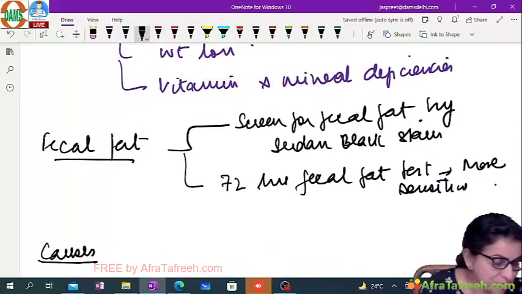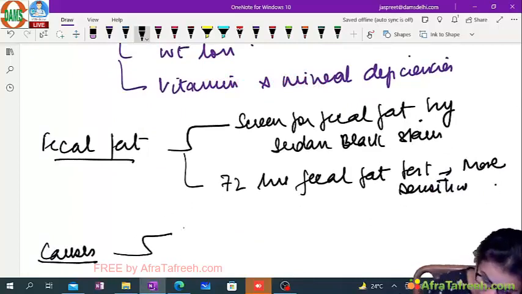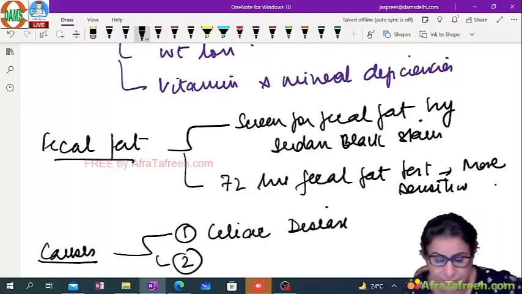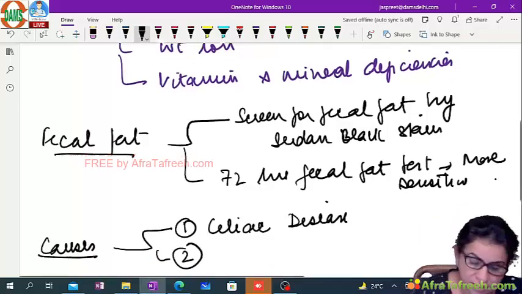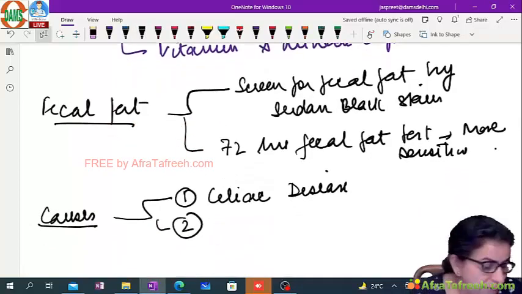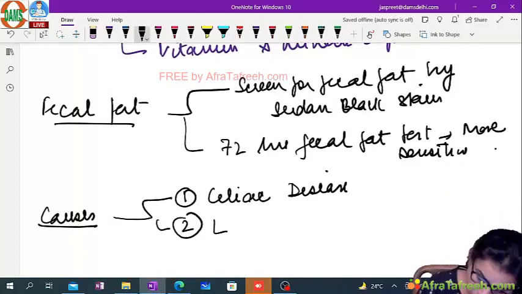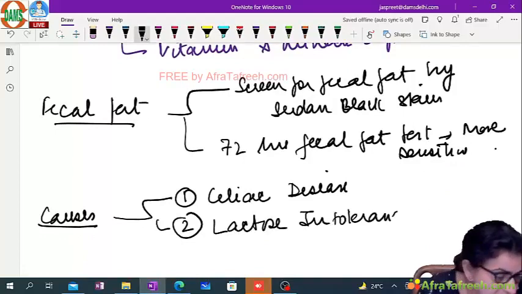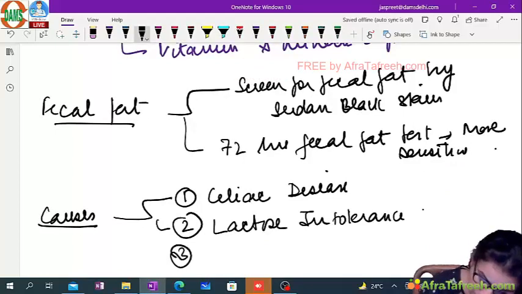Causes of malabsorption that I am going to discuss today are: number one, celiac disease. Second cause of malabsorption is lactose intolerance. Third is pancreatic insufficiency.